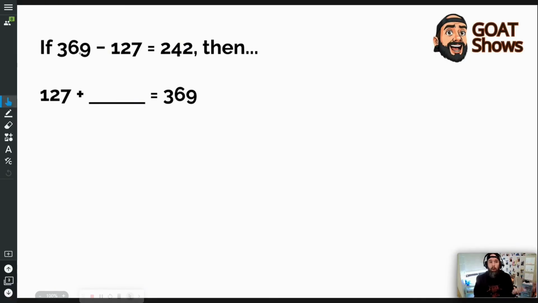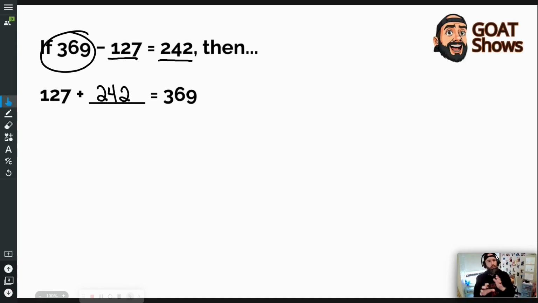If I have a number and I take away a number, I get a number. So if I were to take the number that I took away and combine it with my answer, I get the original number. So 127 plus 242 gives me the original number of 369.